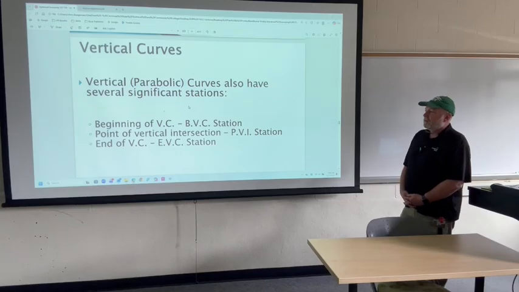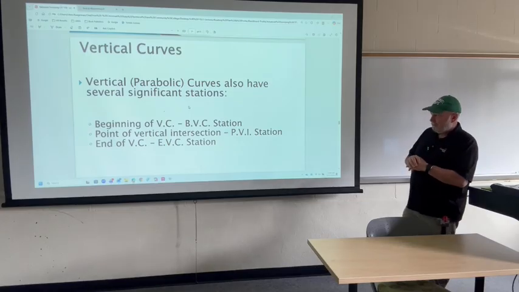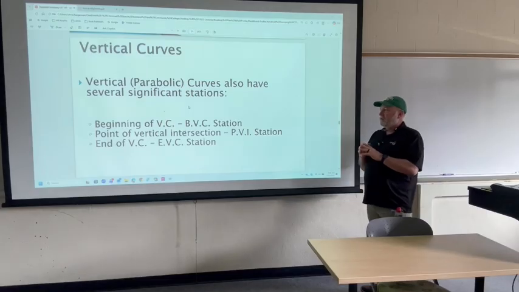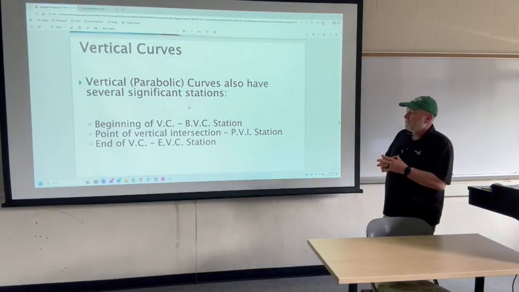The point of vertical intersection, where the back gradient and forward gradient intersect, will be listed as the PVI station, point of vertical intersection. And then the end of the vertical curve, the EVC.